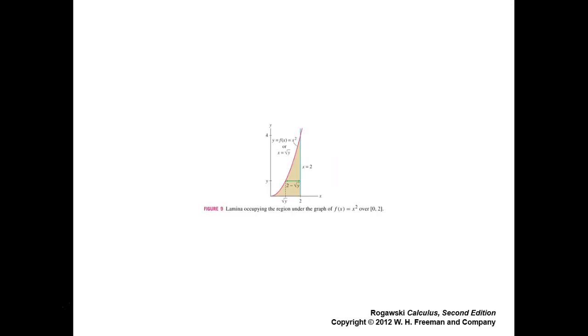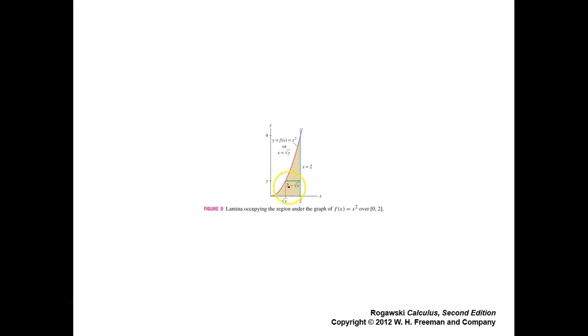Okay. So let's do example 2. Find the moments and the center of mass of the lamina of uniform density delta occupying a region underneath the graph f of x equal to x squared and above the x-axis for 0 less than or equal to x less than or equal to 2.